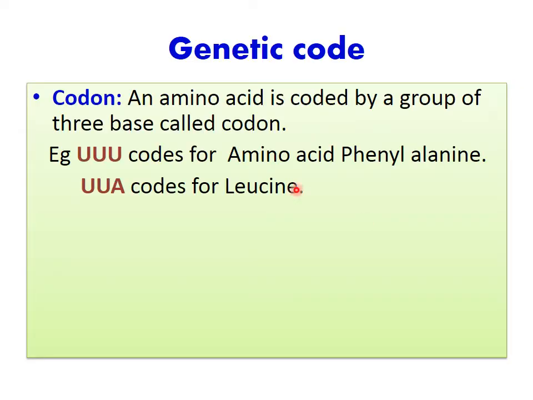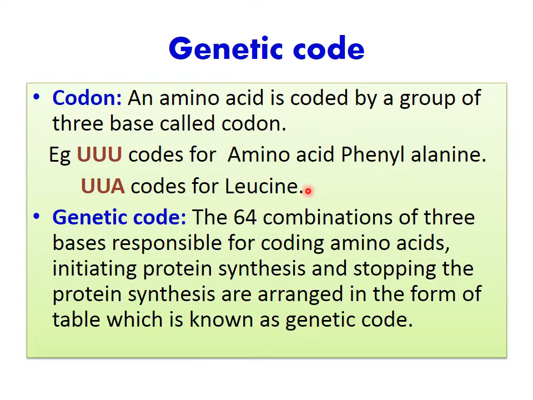Now before that we see some definitions. What is a codon? An amino acid is coded by a group of 3 bases that is known as a codon. Like UUU, it is a 3 base code which is coding for the amino acid phenylalanine. And instead of this, if UUA is there, then it will code for leucine.